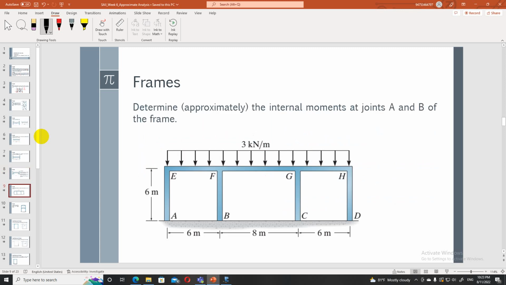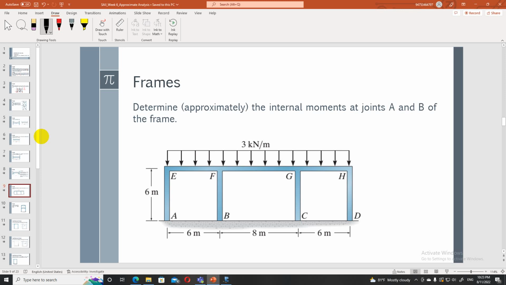Then here, determine the internal moments at joints A and B of the frame. This is a little bit of a tricky problem.